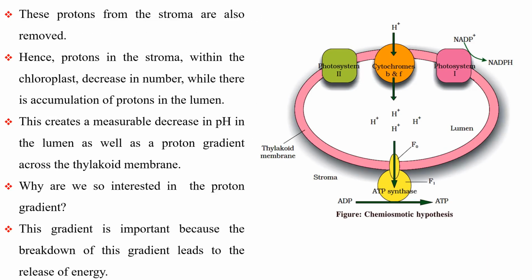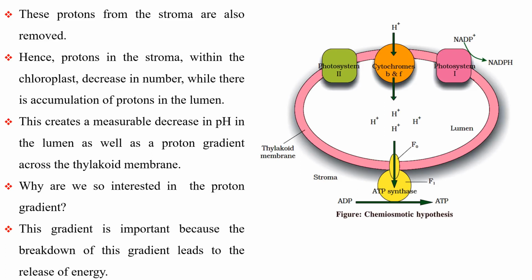These protons from the stroma are also removed. Hence, protons in the stroma within the chloroplast decrease in number while there is accumulation of protons in the lumen. This creates a measurable decrease in pH in the lumen as well as a proton gradient across the thylakoid membrane.